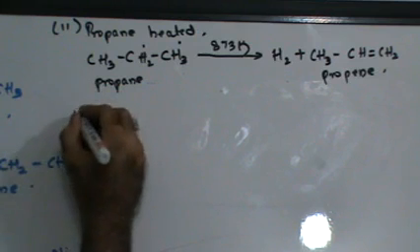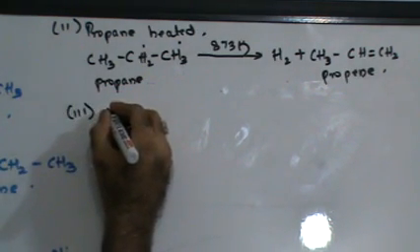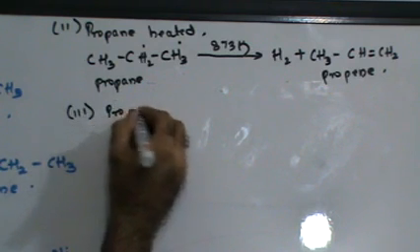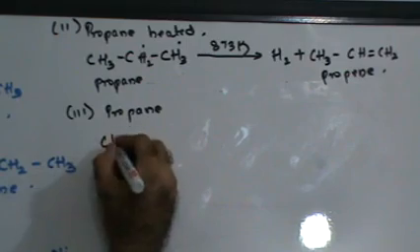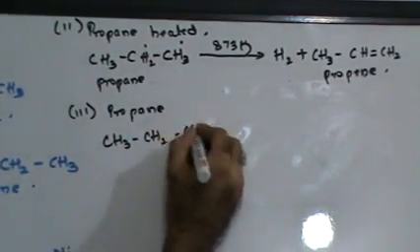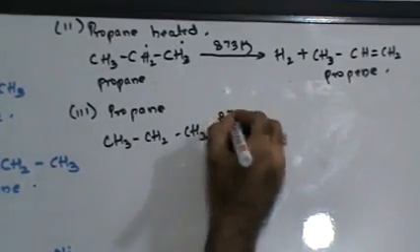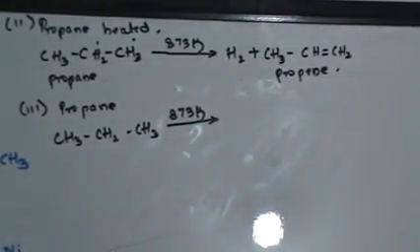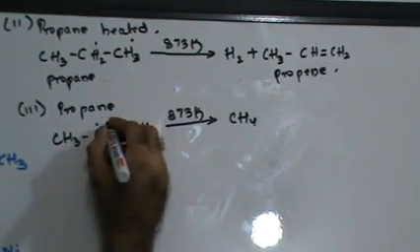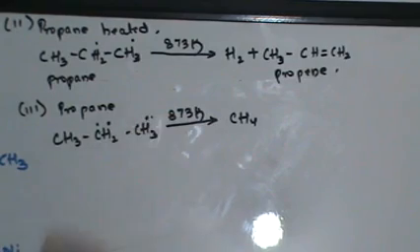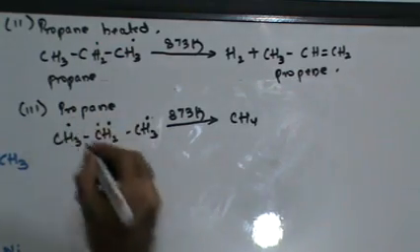In the case of that, suppose I have propane, CH3 CH2 CH3, and I'm going to heat it at 873 Kelvin. Another method would be where you will get CH4, methane gas out, C, 2 hydrogens from here and 2 hydrogens from here, right? That would leave me with 2 hydrogens, so 1 from here and 1 from here.